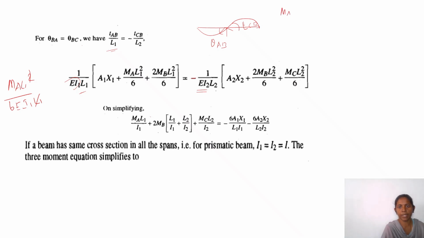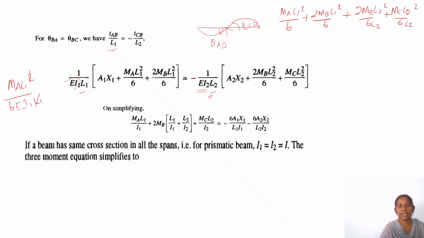So MA L1 square by 6 plus 2 MB L1 square by 6 plus 2 MB L2 square by 6 plus MC L2 square by 6, into, if you multiply L2 inside, 6L2 and also 6L2.